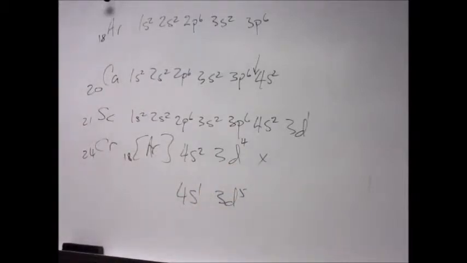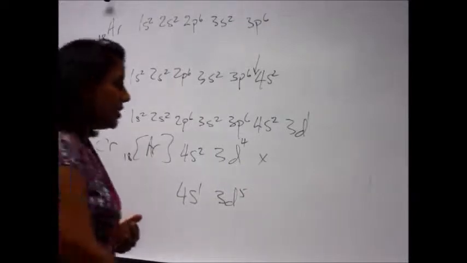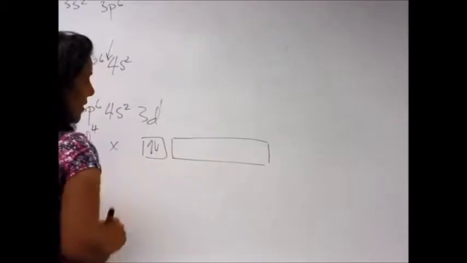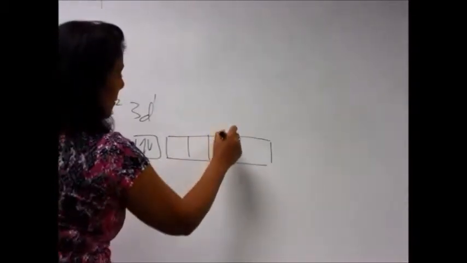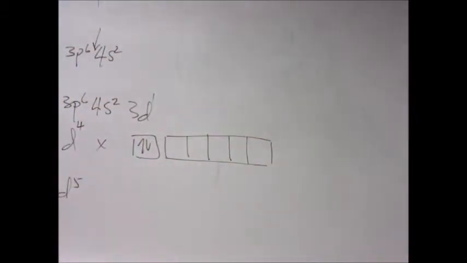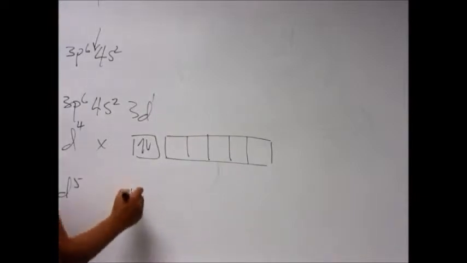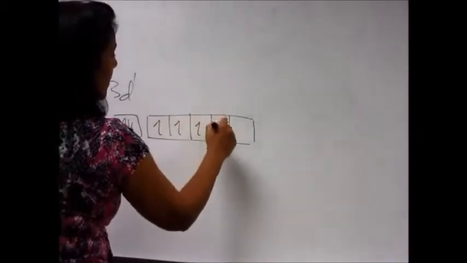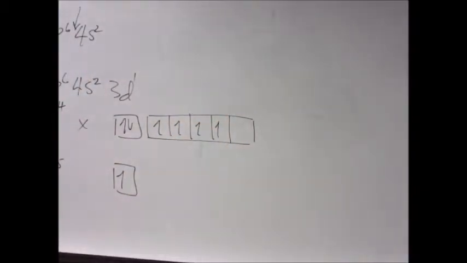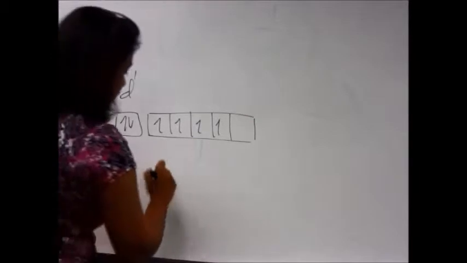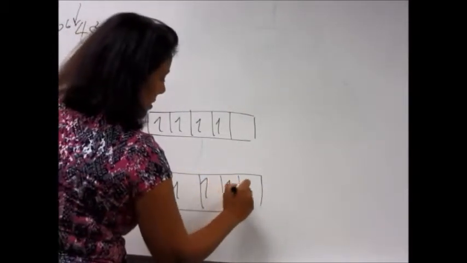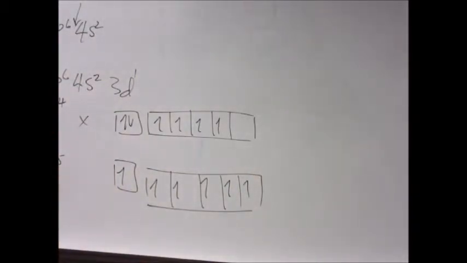We have to write the box configuration for this in order to see this completely. So 4s2, and for D, you'll have to have a box of 5. And then 1, 2, 3, 4 electrons for the top one. And in the bottom, this is what you have: 4s1 and 3d5.